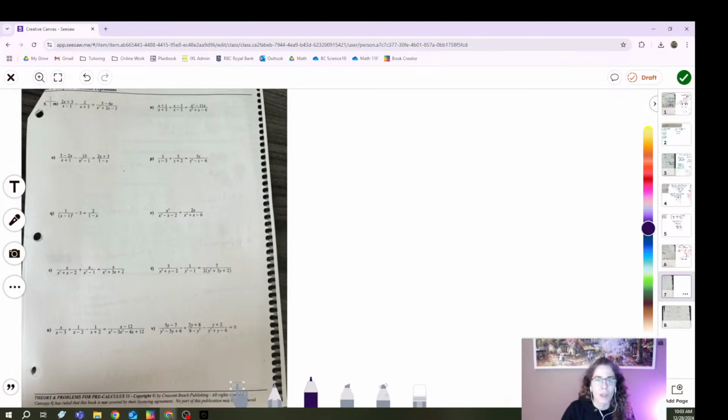Alright, well, let's start with this first one. What do you think we need to do to solve this? Not necessarily solve it, but simplify it, I guess. Exactly. We need to factor the denominators. Okay, so this is m. The only thing that we can factor right now is that far right stuff, because everything else is already factored.